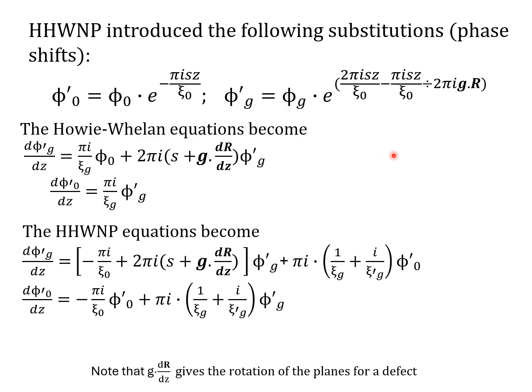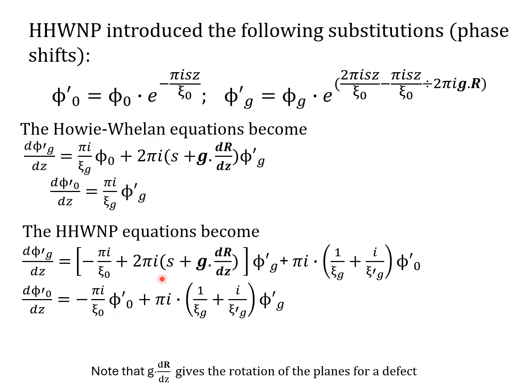In order to solve the equation, what they did is they made some substitutions, some phase shifts to simplify the solution, and they ended up simplifying these equations into this form in terms of the Howie-Whelan equations, but the Hirsch, Howie, Whelan, Nicholson, and Pashley equation becomes a simpler form like this.